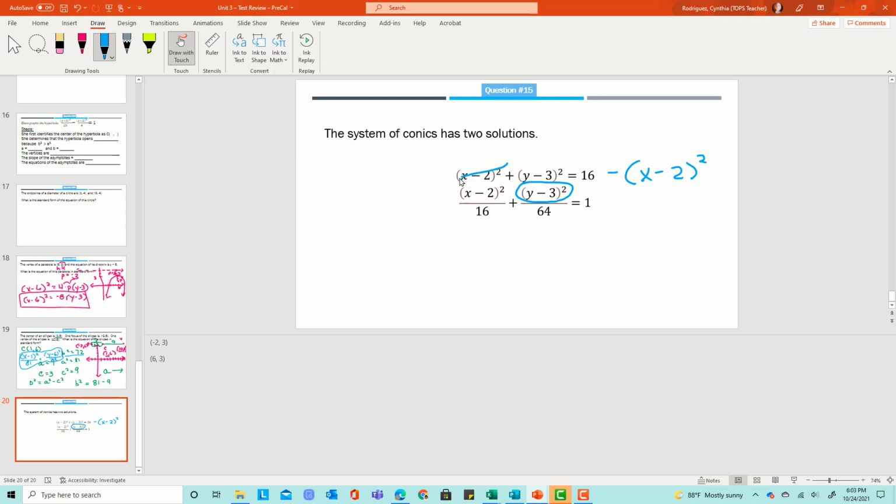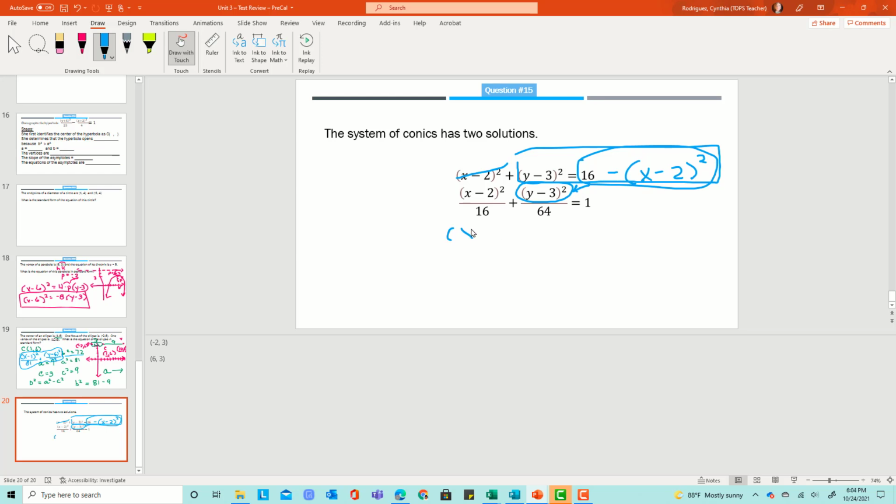So now that I've subtracted it from the left and from the right, I just have y minus 3 squared equals 16 minus (x minus 2) squared. So I can substitute this in for y minus 3 squared. I'm going to substitute it in here.